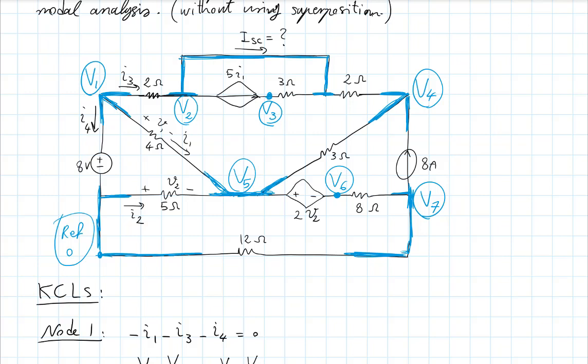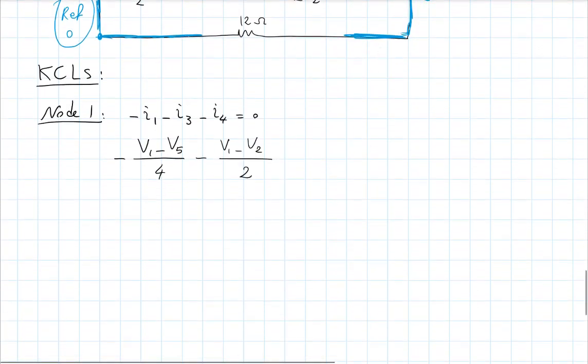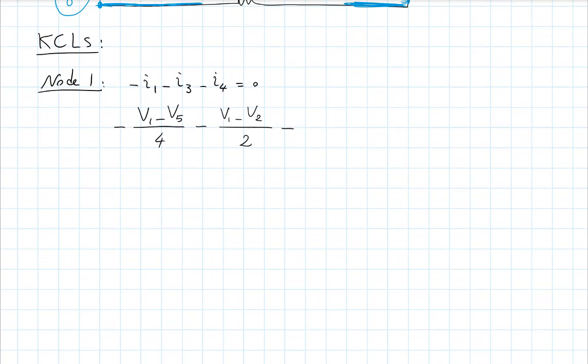What is the relationship between the current and the voltage of a voltage source? There is none. Okay. Too bad. So there is none. And I can't do anything about it. And so I'll just keep it here. We'll deal with it later. Okay. So this is really my first KCL. So that's at node 1.